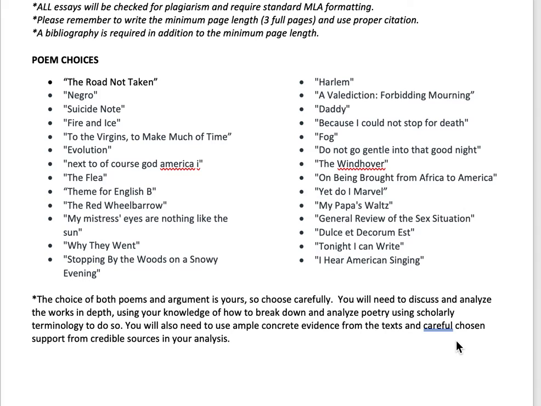In To the Virgins, it's to seize the day, and in Do Not Go Gentle, it's to fight against the literal symbol of death. That might give you some examples of how you could compare these poems across concepts, rather than having one paragraph of analysis for one and then one paragraph for another.